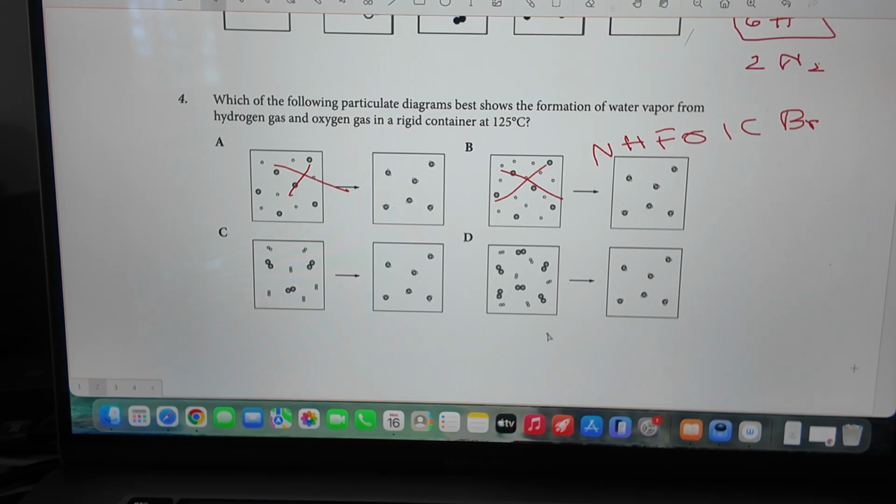So what are the differences between these two?